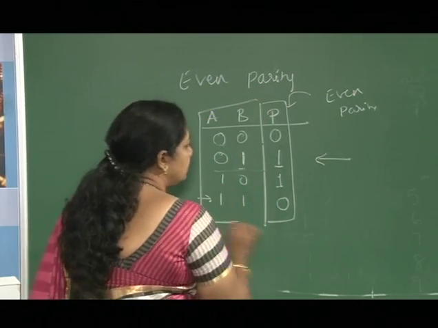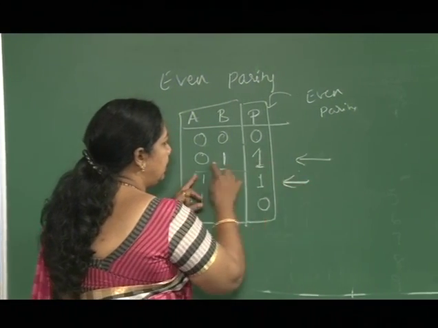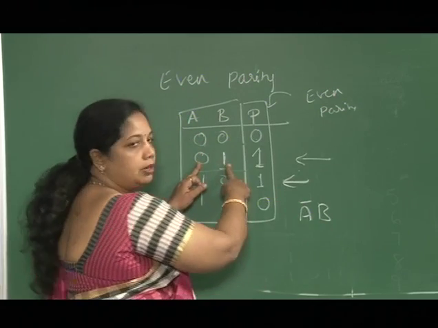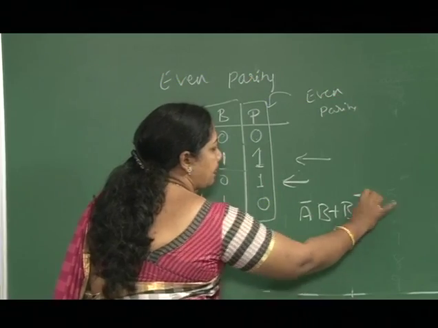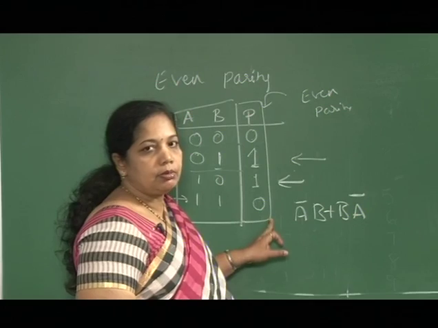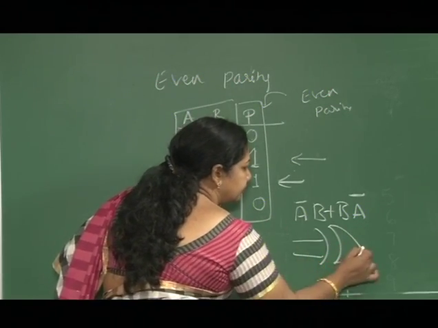So this is nothing but the parity bit. How do I generate this parity? Wherever ones are there, you can write the equation: you will get A bar B, A complement B, then B complement A. So this is nothing but an OR gate. What I am generating from this truth table is nothing but an XOR gate.